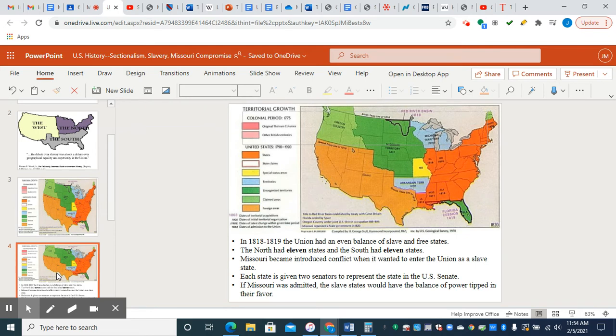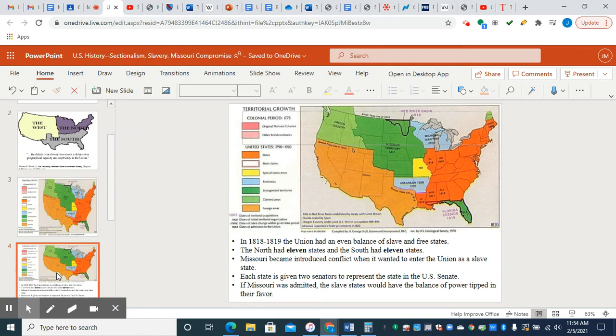Today, Texas gets 2 senators, California gets 2 senators, Hawaii gets 2 senators, Wisconsin gets 2 senators, Florida gets 2 senators, little Rhode Island gets 2 senators. Everybody gets 2 senators. Every single state of the 50 states that exist in America today gets 2 senators. So that's why we have 100.